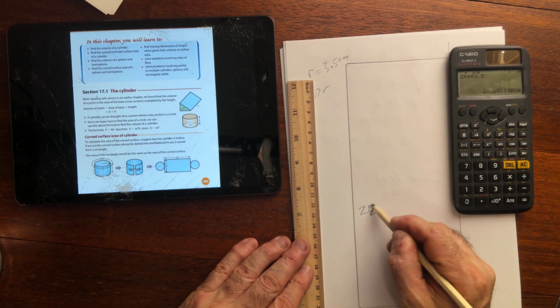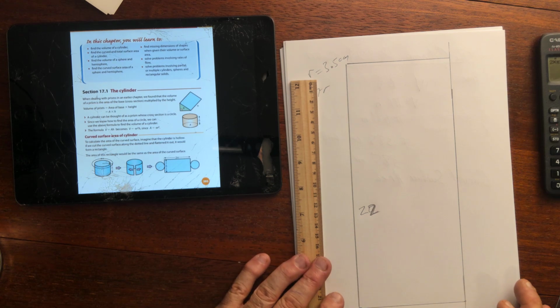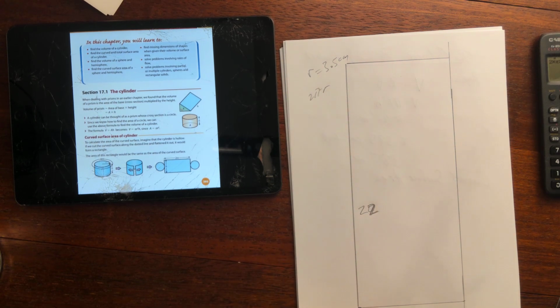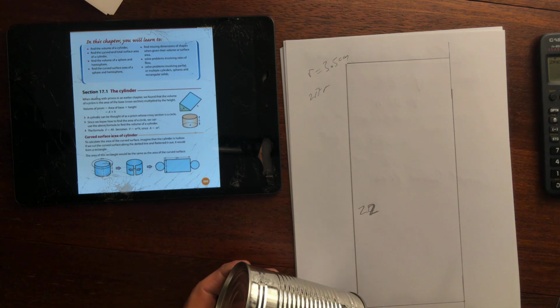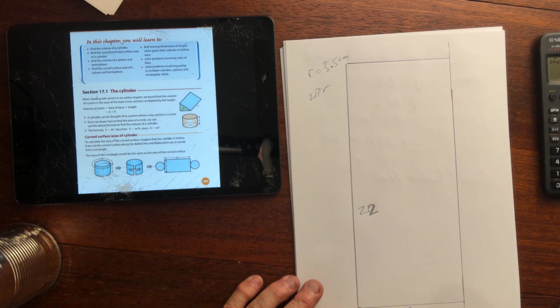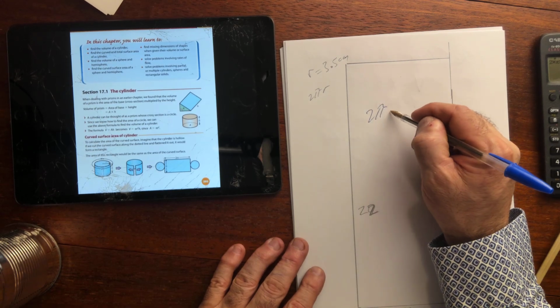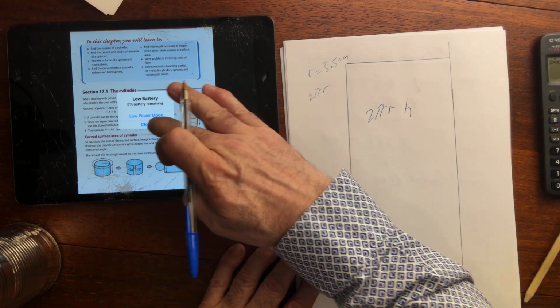So I'll just change that to 22, leaving out the little bit that overlapped. And the height, of course, should be the height that I measured, which is around 10. And so that's the curved surface area. It's 2 pi r h.